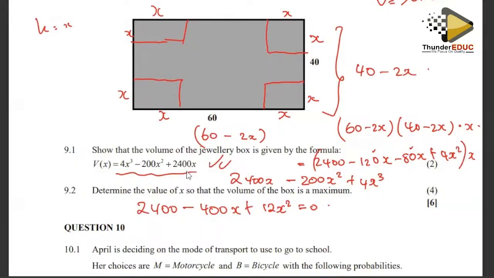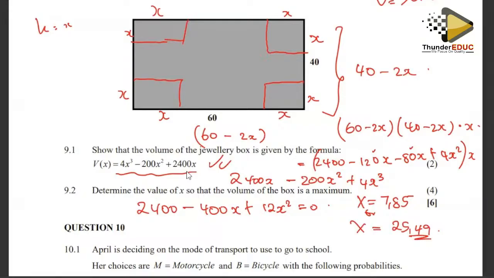So I'd rather we use the calculator with the quadratic formula and then find our value of x. So either x is going to be 7.85 or our x is 25.49.